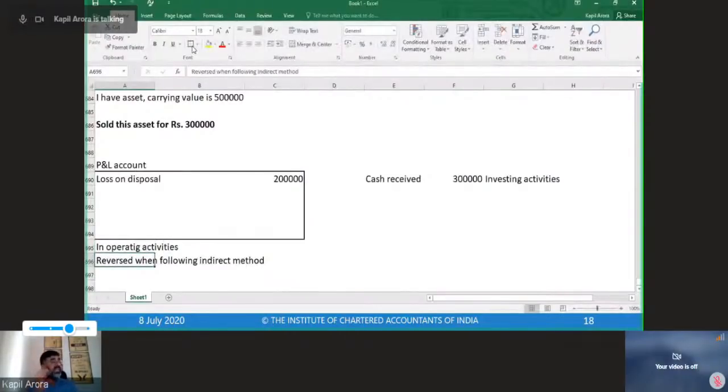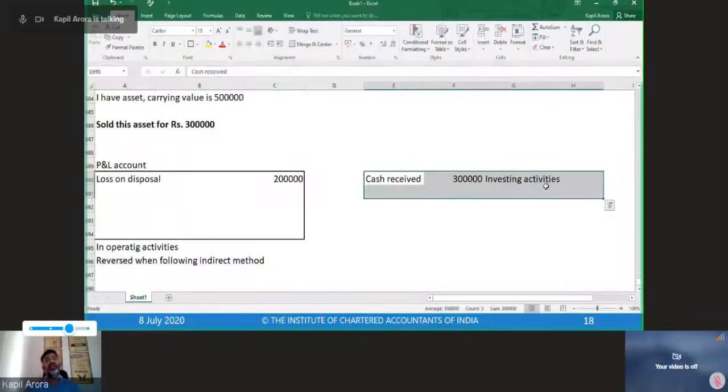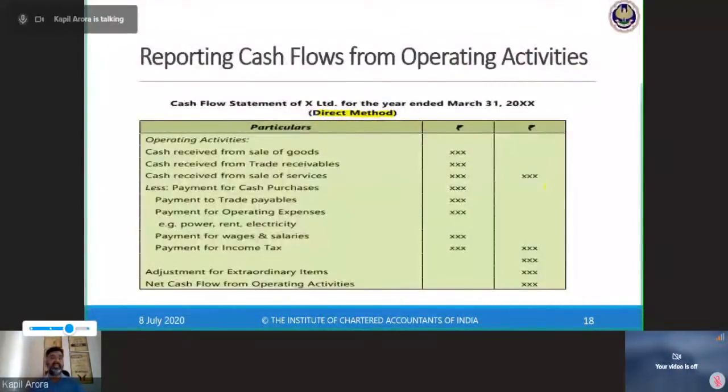It is a non-cash item sitting in my books, and the cash is already accounted for in investing activities. So I will record 3 lakh, I will not record 5 lakh and 2 lakh. Is that okay? So that is what happens when you sell the asset.